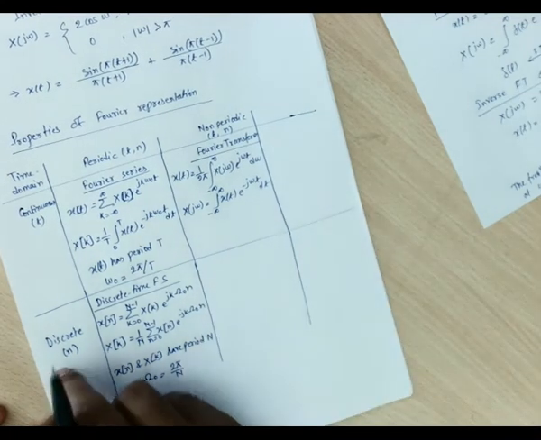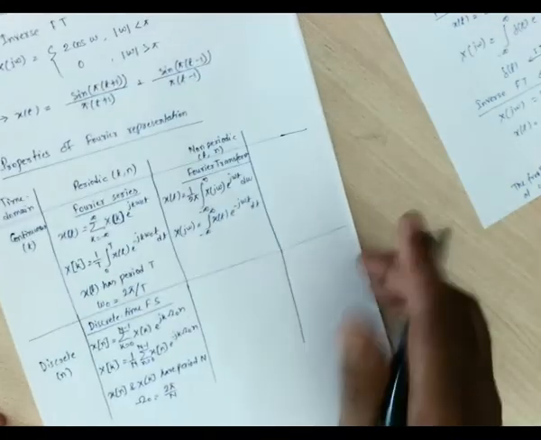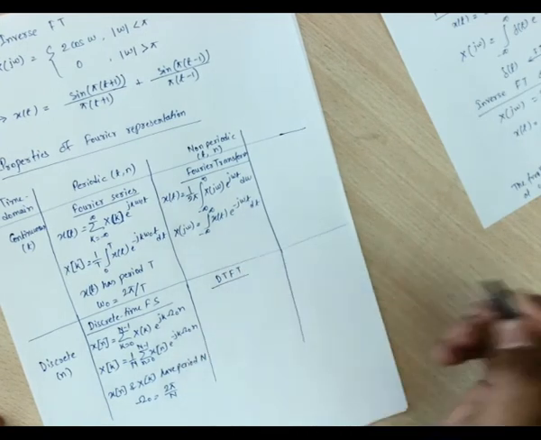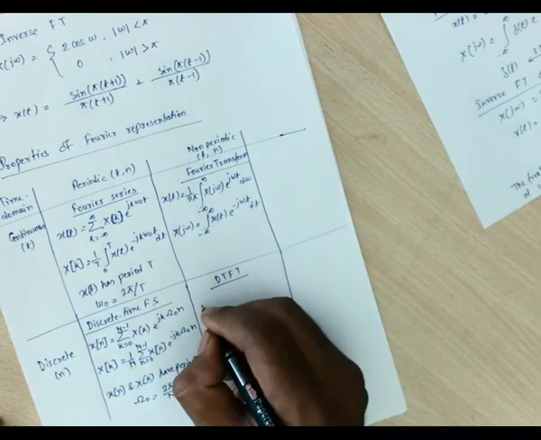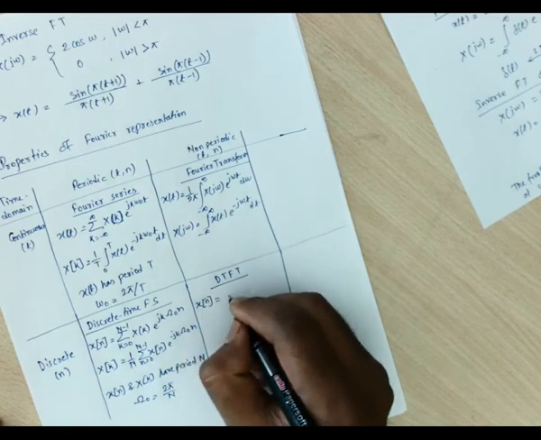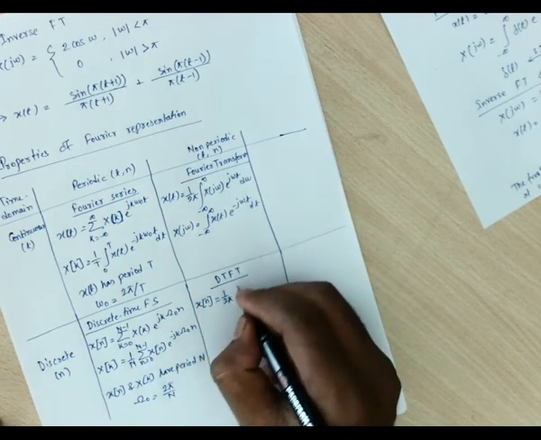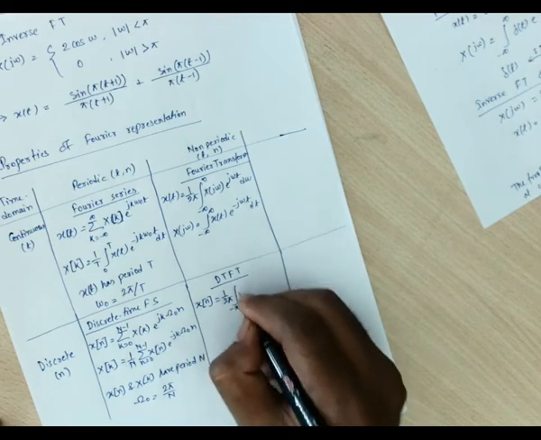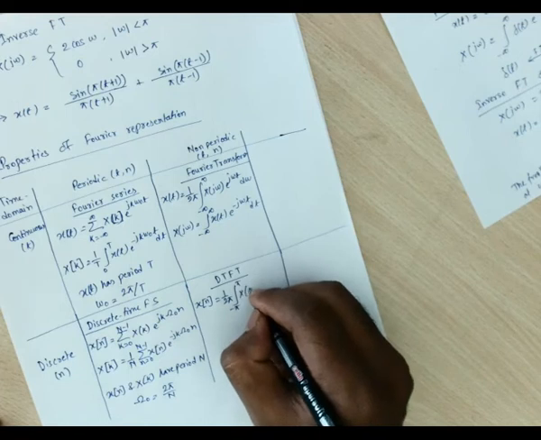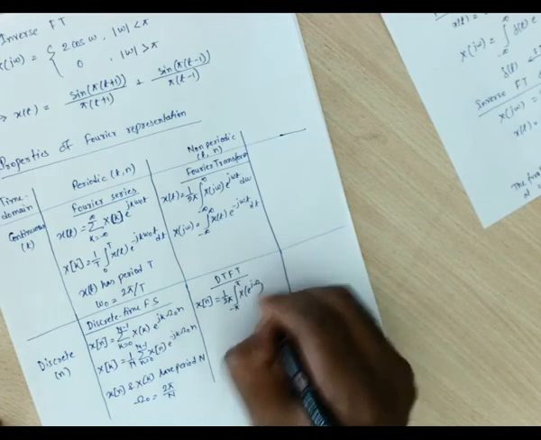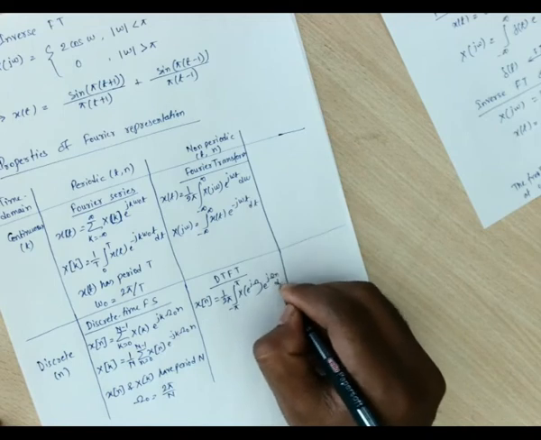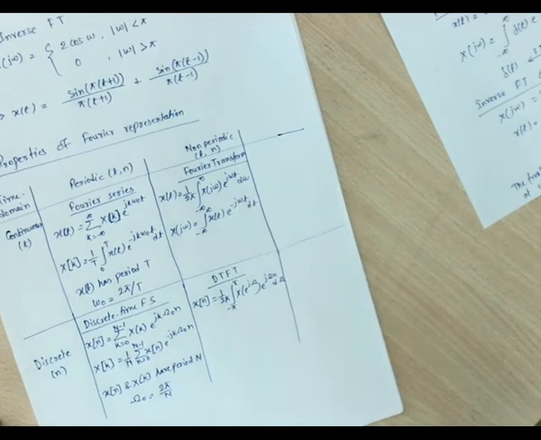Next, if we consider discrete and non-periodic, then we go with DTFT, discrete time Fourier transform. For this case, x of n is 1 by 2 pi integration minus pi to pi x of e to the power j omega e to the power j omega n d omega.